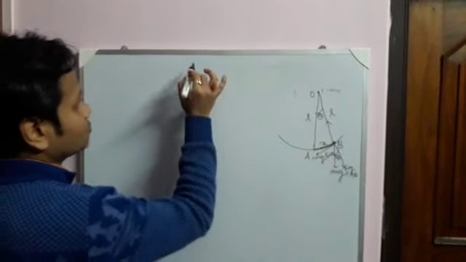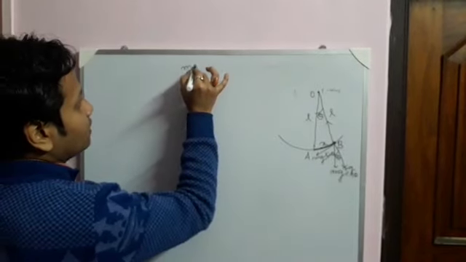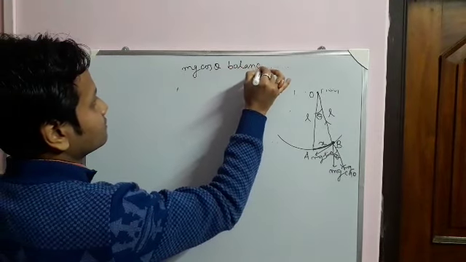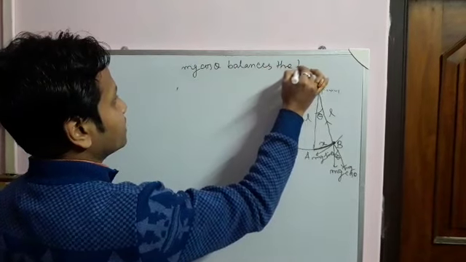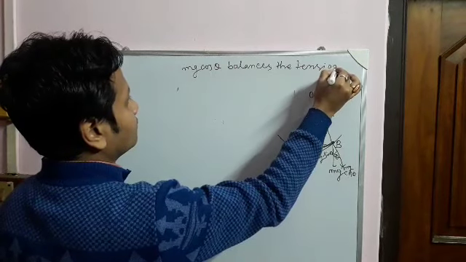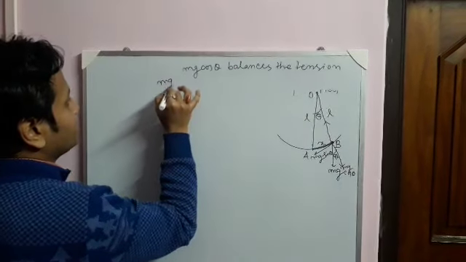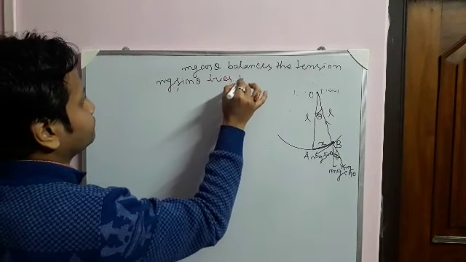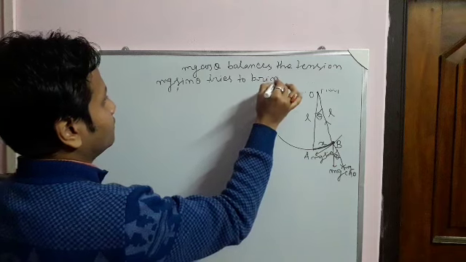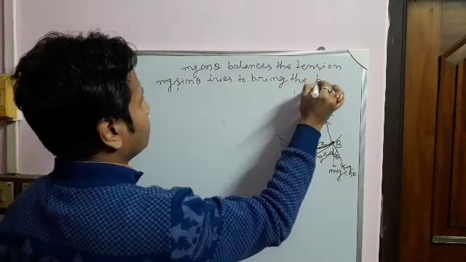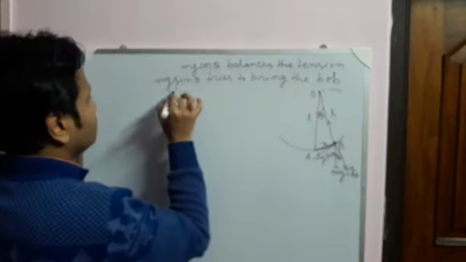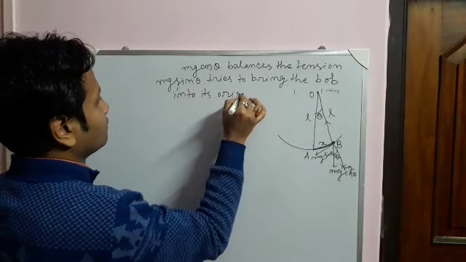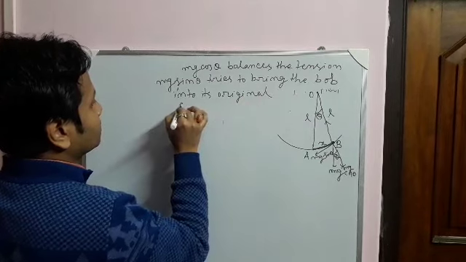So mg cos theta balances the tension and mg sin theta tries to bring the bob into its original condition.